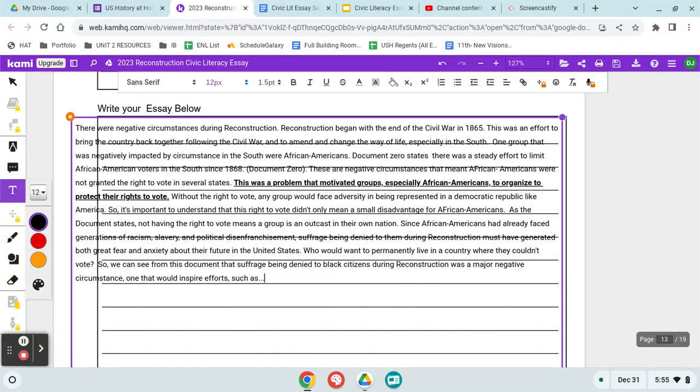I'm going to try to wrap up my paragraph. To be honest, I don't like what I've written here. I think that this is sort of too limited.